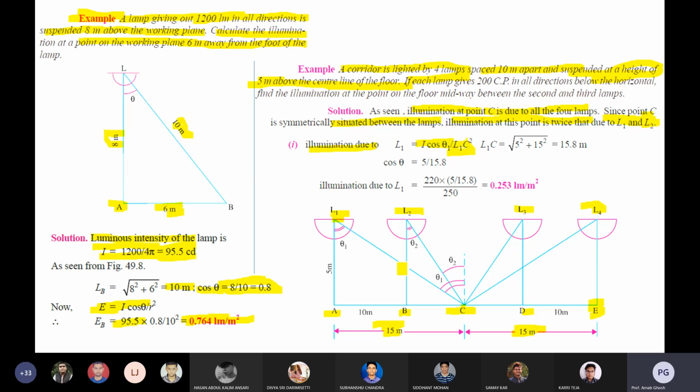What is L1C? Root under 5 square plus 15 square, that is 15.8 meter. Simple as that. Cos theta equal to 5 by L1C, that is 5 by 15.8. Directly we will get that value. Now what is the value of I? It is given 200 candle power.